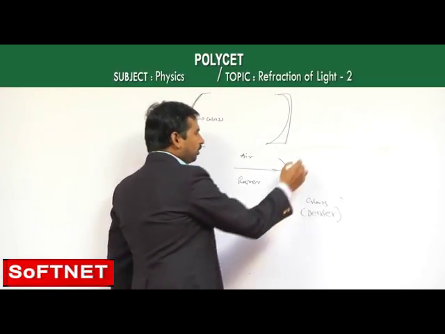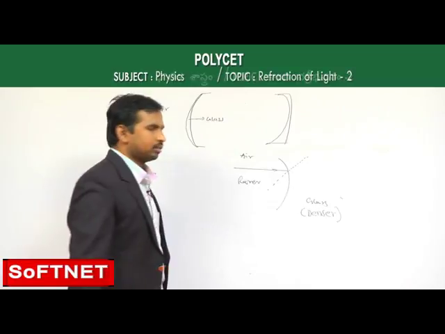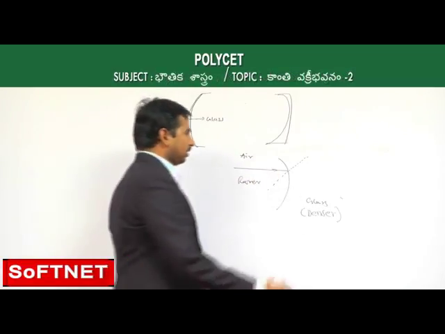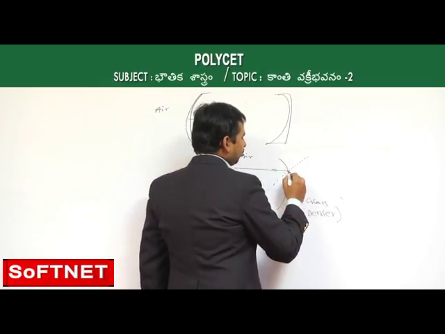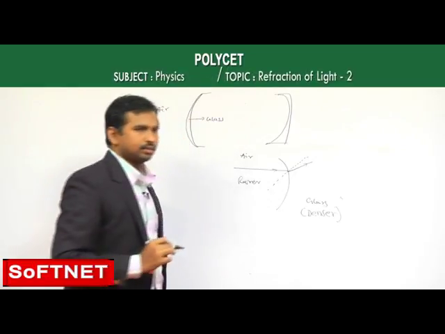And the normal here you can take for this curved surface like this. As it is coming from rarer to denser, again the light ray bends towards the normal, meaning the light ray passes like this for this case.